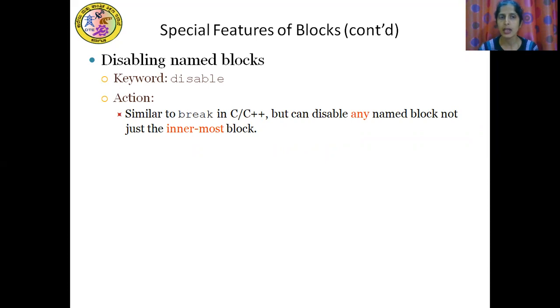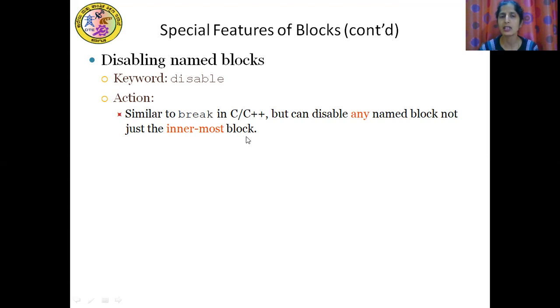This disable is similar to the break statement in C or C++, but disable will disable any named block, not just the innermost block. It means that when we use the keyword disable, it will disable any named block, not just the innermost block.